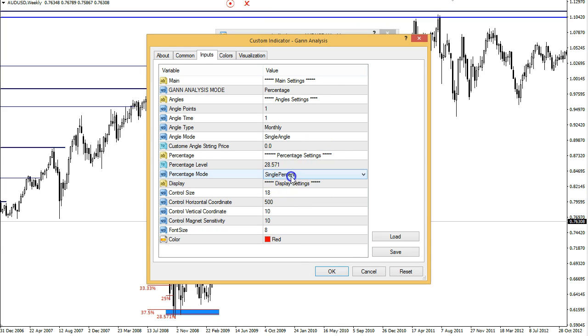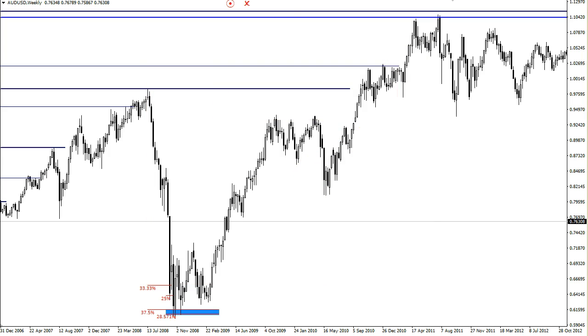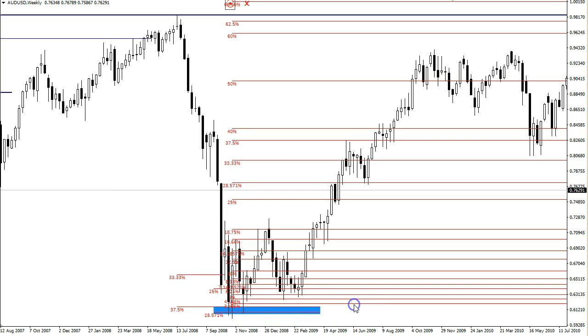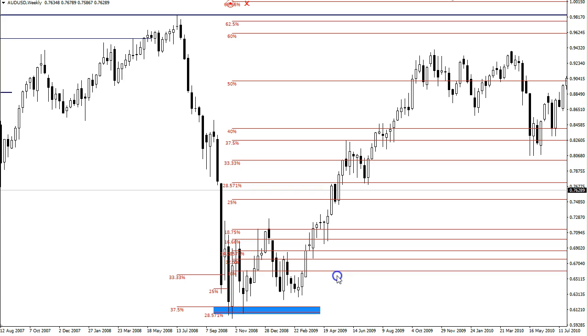So I will go here and mark full percentage, and I will use the red color. So 31, all these levels didn't work.